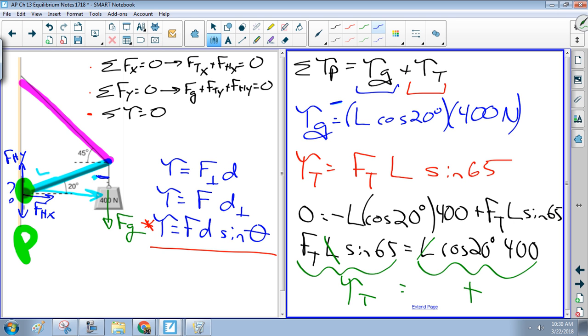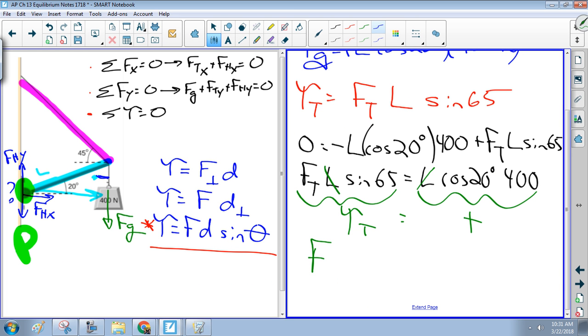Like, what if this had been a beam instead of a rope? Isn't it possible it could be pushing? But this is telling us that it can't be. It's got to be pulling in a way that creates a positive torque. In other words, counterclockwise. Follow? Any problems?